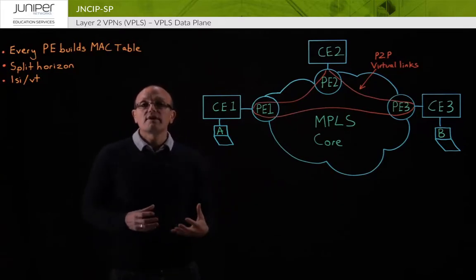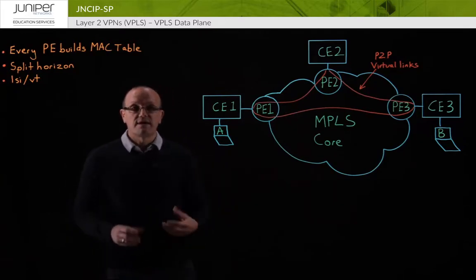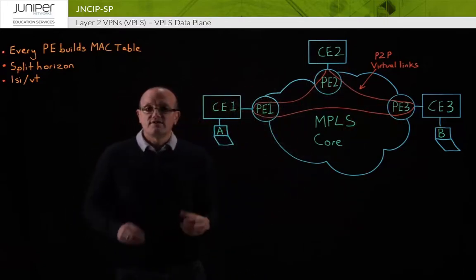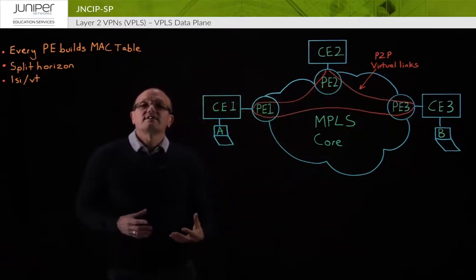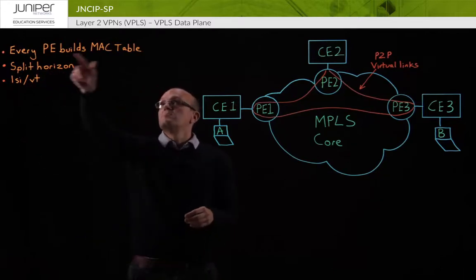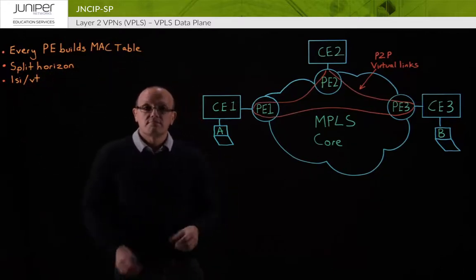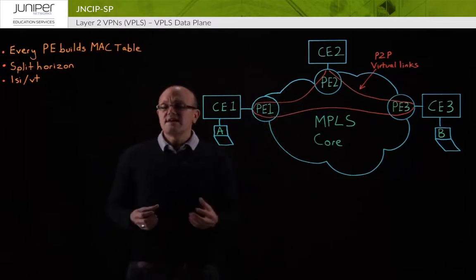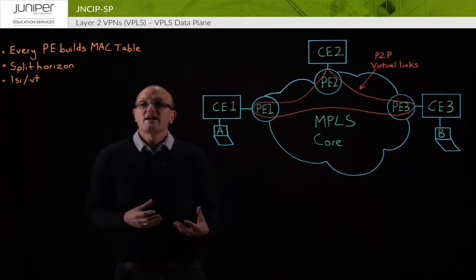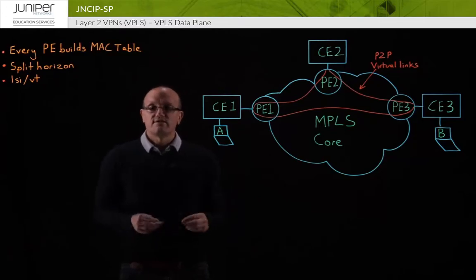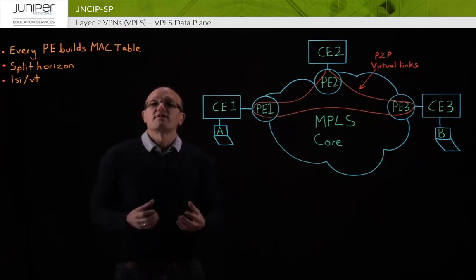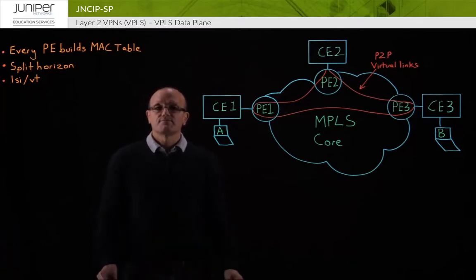And now what we're going to be doing in a VPLS is that every PE, independent of each other, is going to be acting as a learning bridge. It's going to be building its own MAC table, so that a PE can know where MAC addresses are located, so he can unicast forward frames to those MAC addresses rather than having to broadcast them.